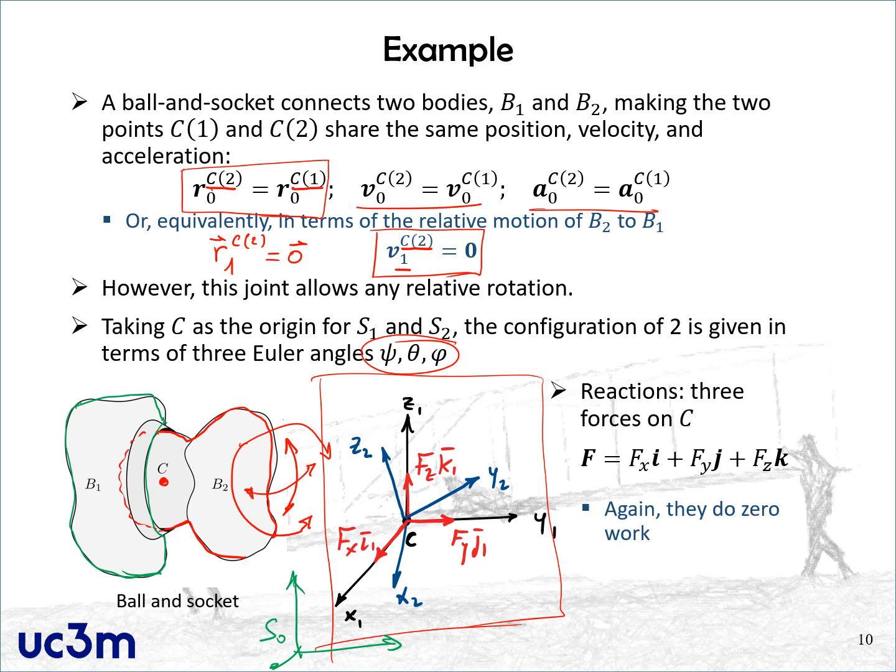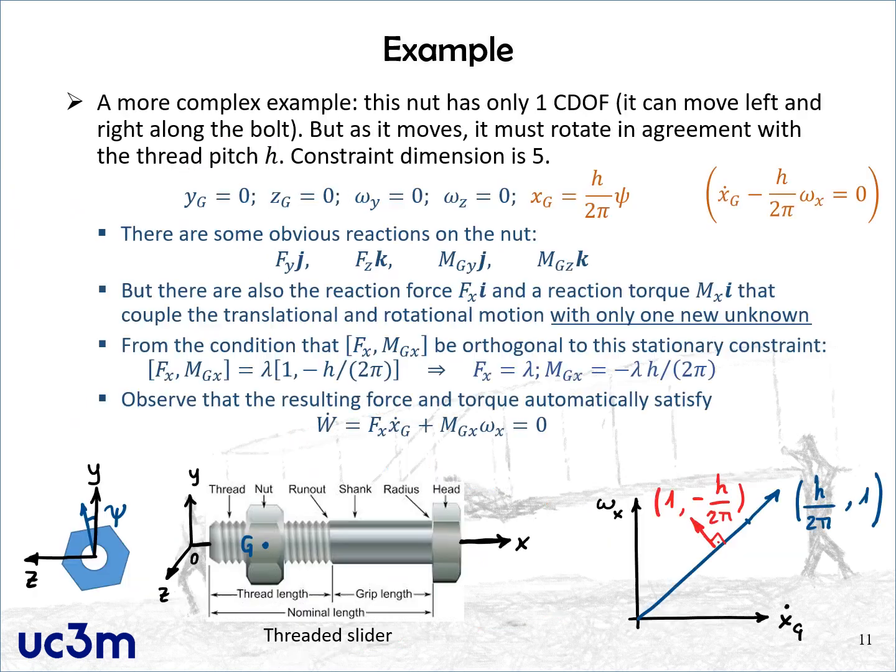The reactions of this constraint are just 3 forces applied on C, because those are the motions that are forbidden. Again, remember that we can rewrite this as xc equals 0, yc equals 0, and zc equals 0. It's the same. So those are our reactions. And once again, since this is a stationary constraint, it does not exert any work.